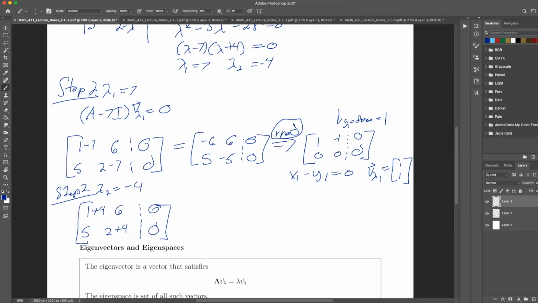Hold on, let me double check my notation matches the book's notation because I highly doubt it does for this case. Oh yeah, my notation is quite different than the book's notation for this. Oh boy. What is it using? Yeah, they use the little x1s and little x2s. Oh, I remember which book does.